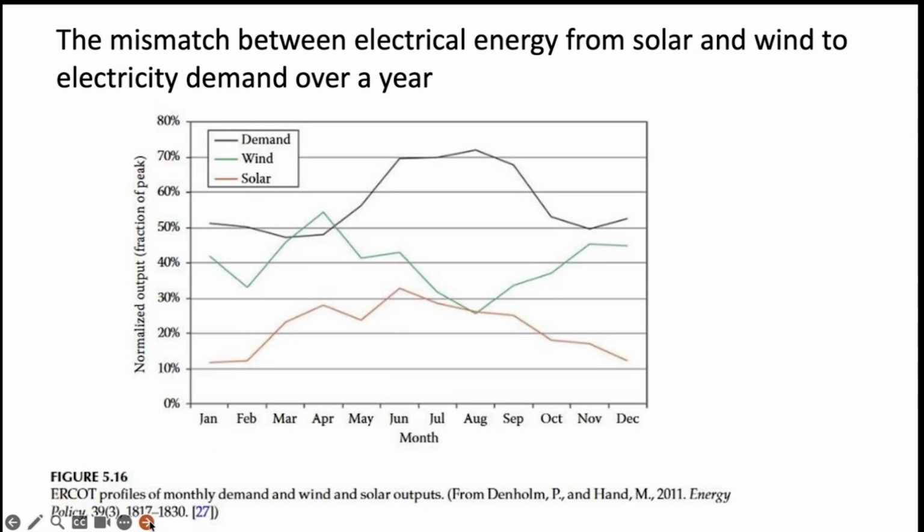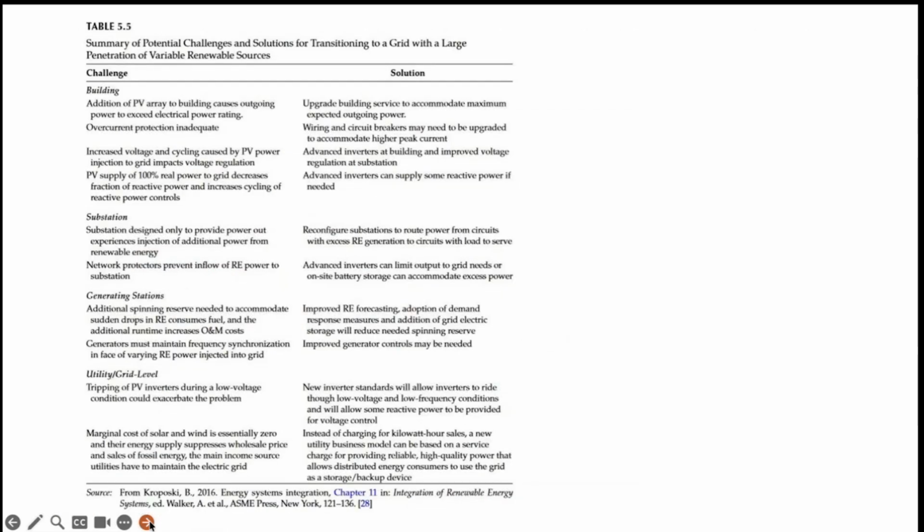That's why renewables without batteries, really massive battery capability, is not possible at this stage. And your book's got a table summarizing the potential challenges and solutions for transitioning to a grid with a large penetration of variable renewable sources. Here are the challenges, and here are the solutions. So worth taking a look at.